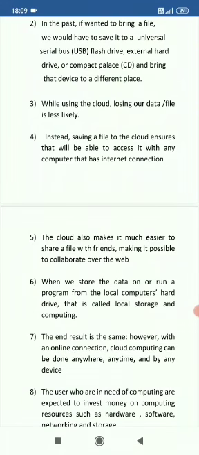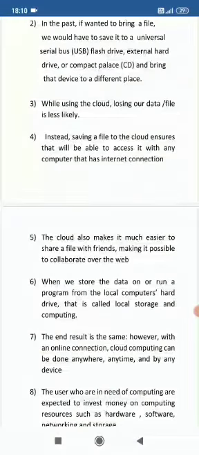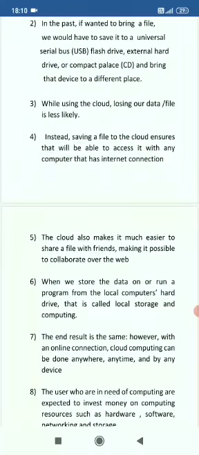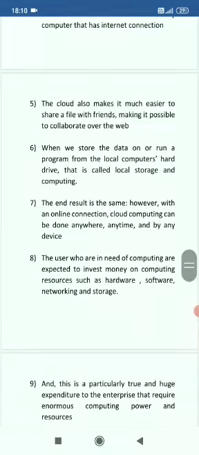That means it is easy to share information and cooperate over the web. When we store data or run a program from the local computer hard drive, that is called local storage or computing. The end result is the same, however, with an online connection, cloud computing can be done anywhere, anytime, on any device.